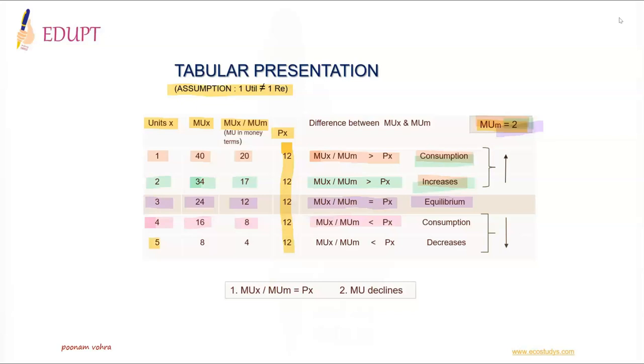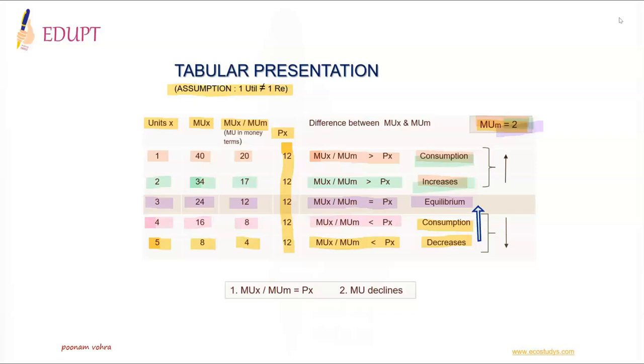By consuming an additional unit, marginal utility further falls to 8. In money terms, it is now 4, which is much less than the cost that he has to pay. So the consumer has to decrease consumption in order to be in equilibrium.